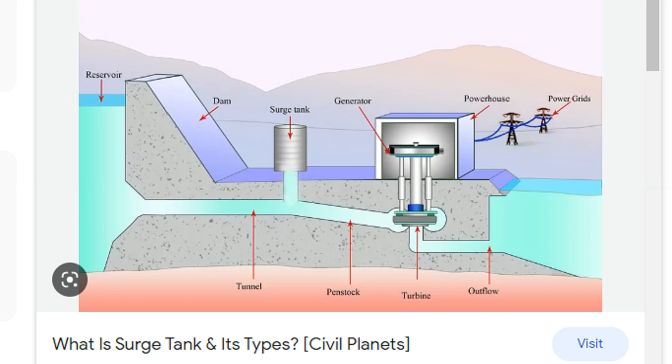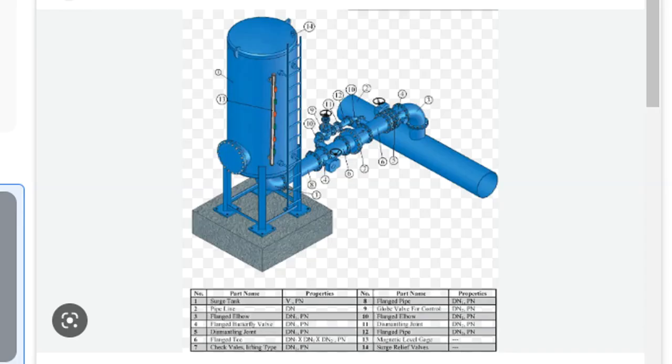Now that's another aspect, right? So hydropower water is actually hydro energy water. If I relate to water resources engineering, or to water supply engineering or civil engineering, if I talk about hydropower water or dams, these are the surge tank and different variants.